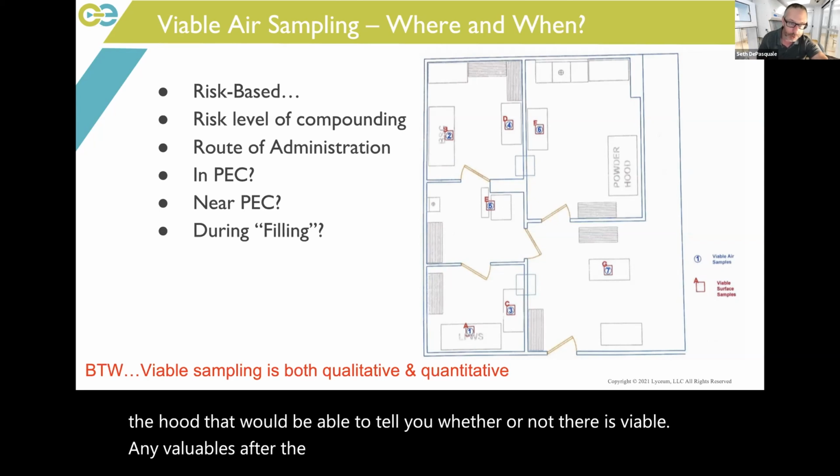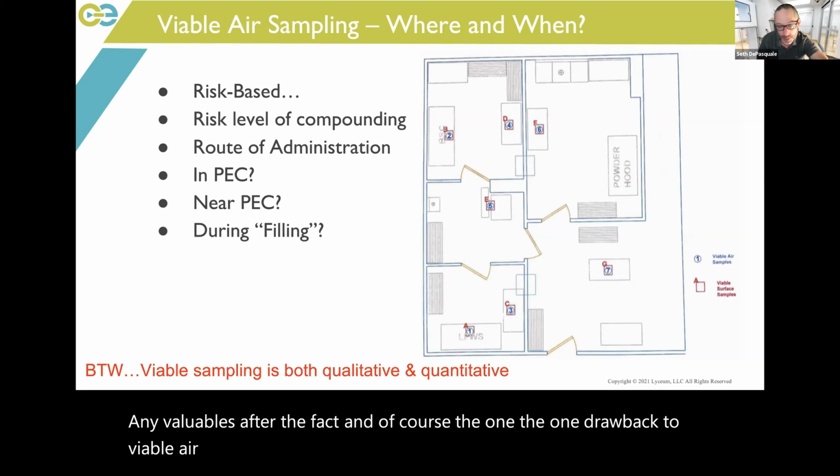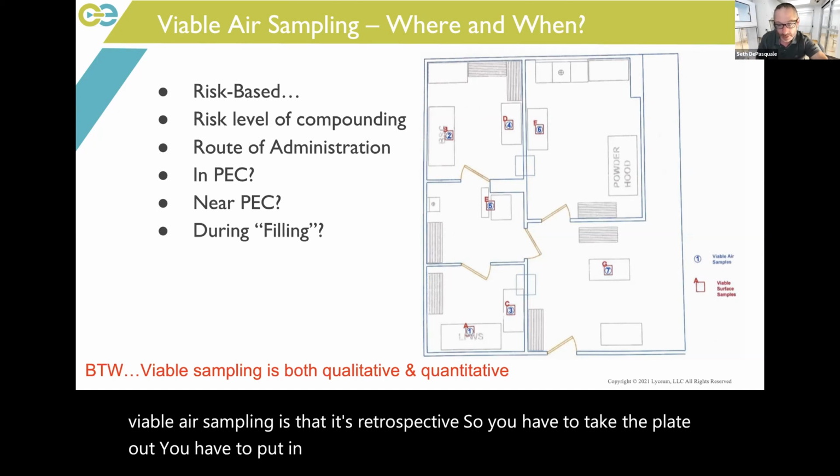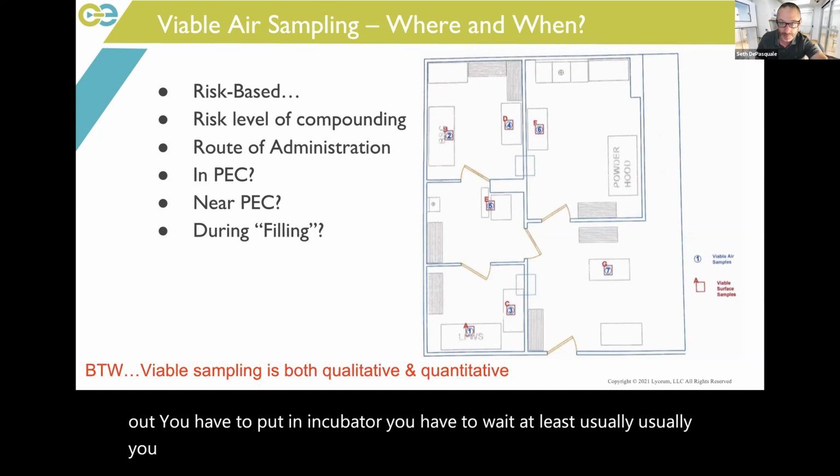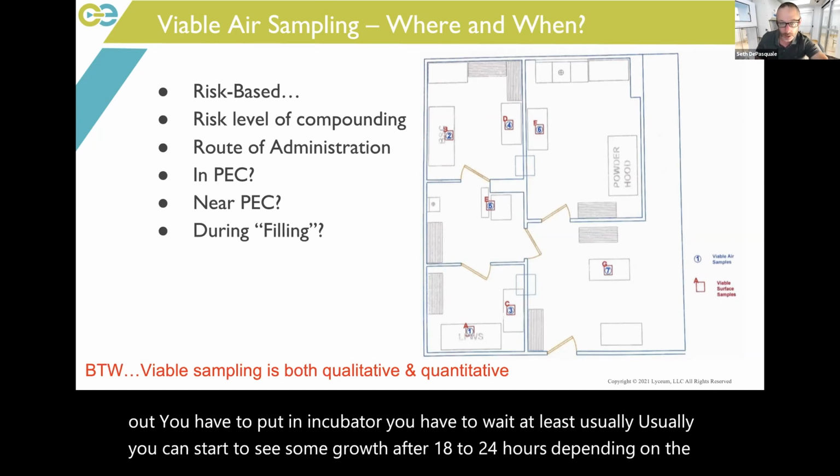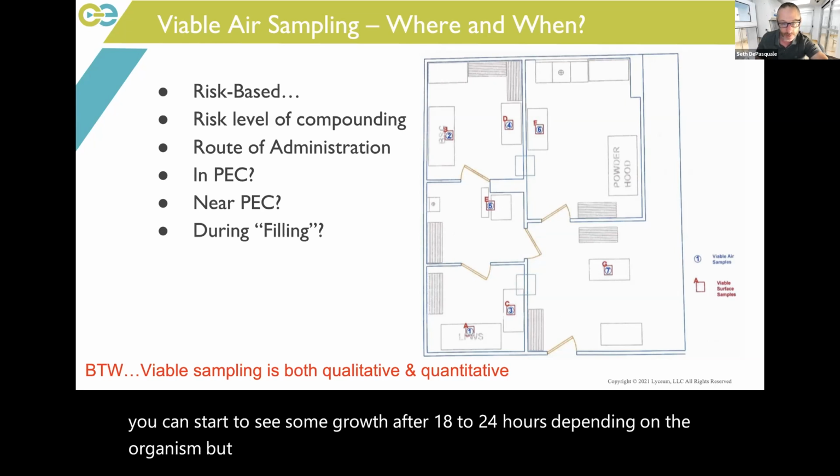And of course, the one drawback to viable air sampling is that it's retrospective. So you have to take the plate out, you have to put it in an incubator. You usually can start to see some growth after 18 to 24 hours, depending on the organism, but you usually want to wait 48 to 72 hours.